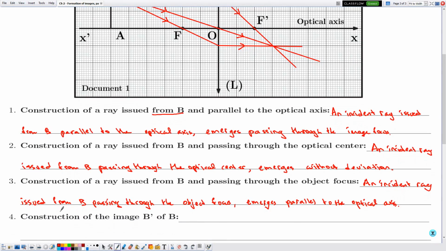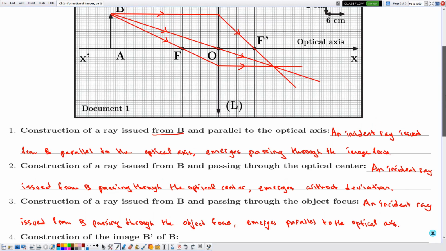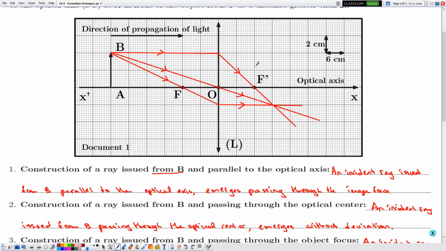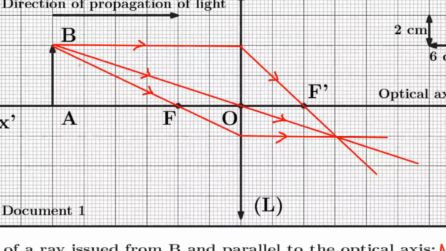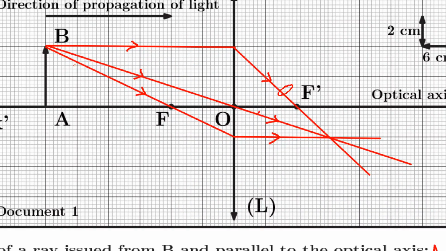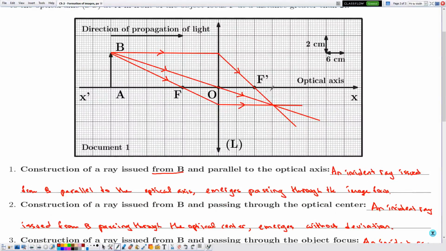And now idea number 4 or part 4, they are telling me construction of the image B prime of B. Okay. As a general rule, always the intersection of the emergent rays is the image of the object. Okay. So these emergent rays are coming from these incident rays that are coming from the point B. Therefore, the intersection of these emergent rays will be the image of the object B. Therefore, this is the point B prime.